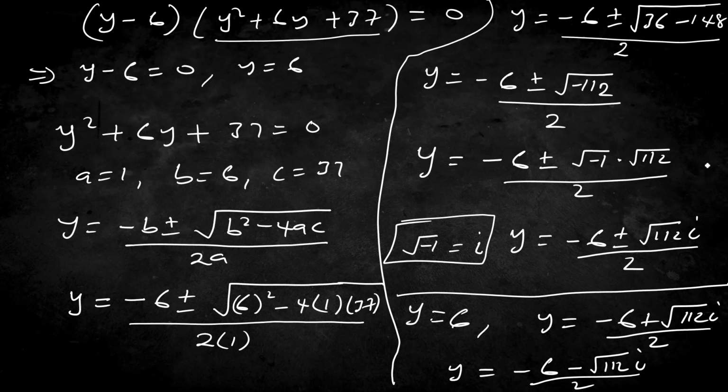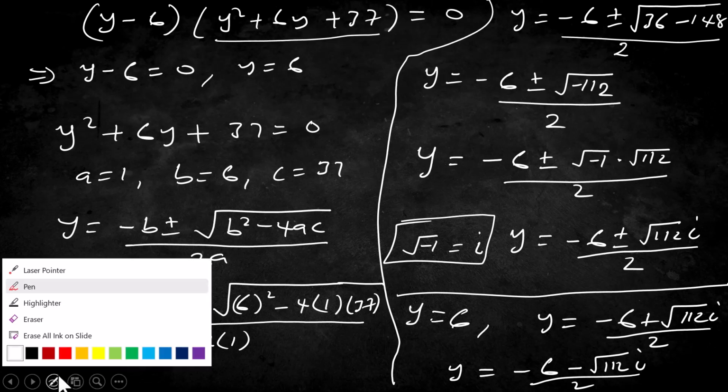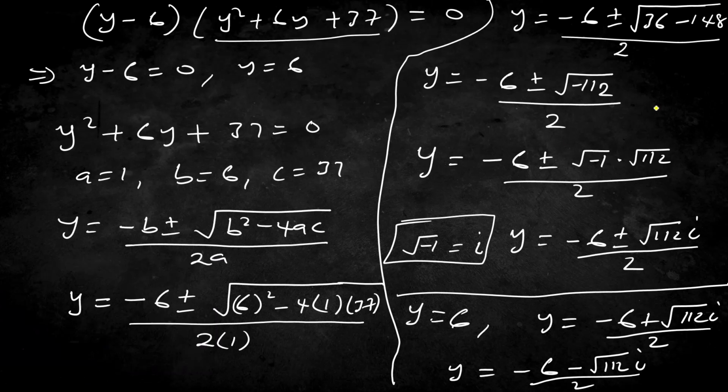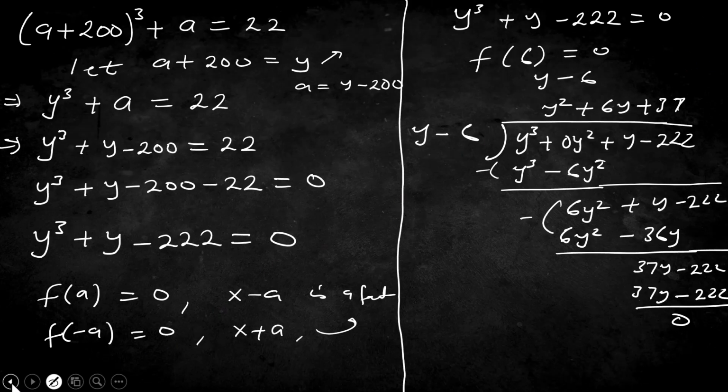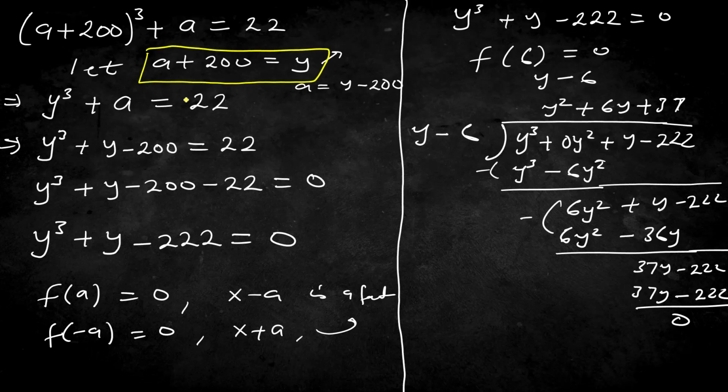So these two won't satisfy the equation, so they are rejected. Remember, a plus 200 equals y.